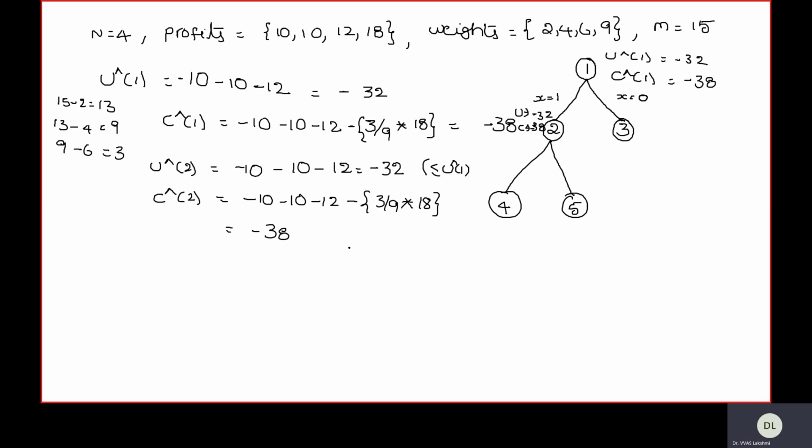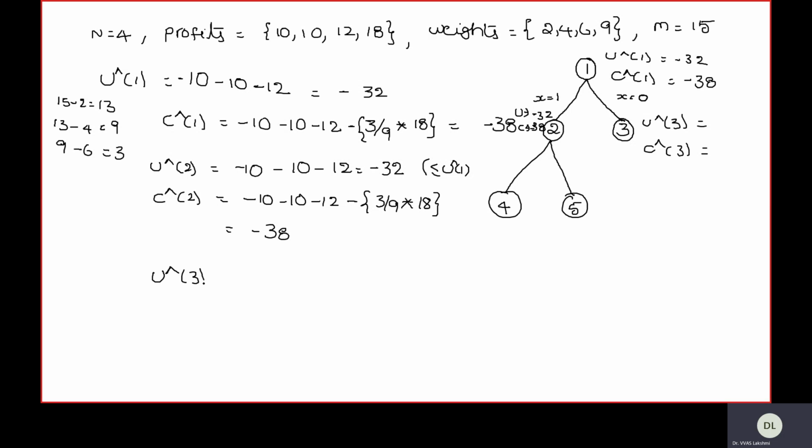So here we will follow the FIFO branch and bound technique. That's why next we will move towards the right and check whether 3 is going to be expanded or not. For that purpose, we need to calculate the upper bound of 3 and the lower bound of 3.